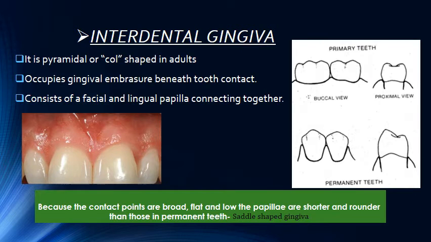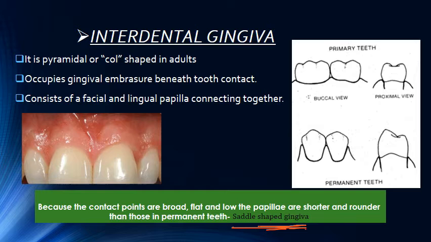The interdental gingiva. Now in adults, if we remember from our study from organs, the interdental gingiva is called as col. It is a fold of the tissue, pyramidal, however in the child patient, what we see is it is shorter, more rounded, and appears like a saddle of a horse.